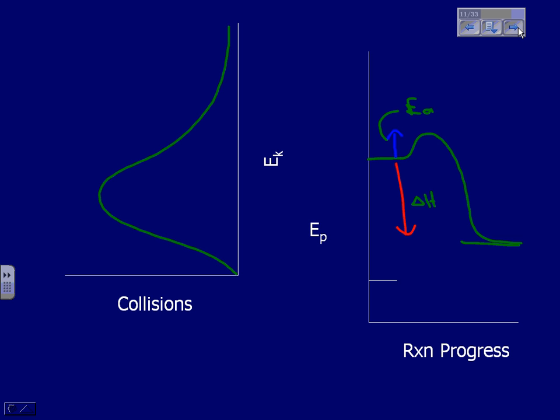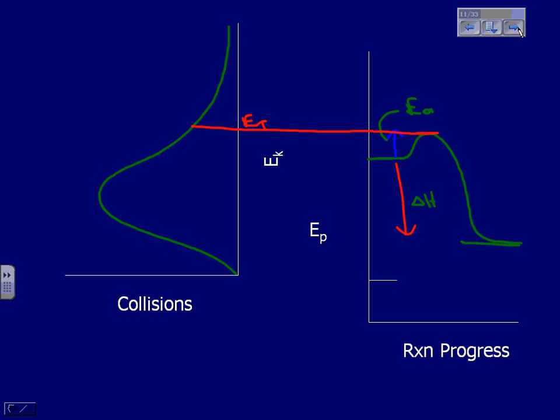Now remember, in order for a successful reaction to take place, I need particles that have the right energy. So you'll notice here, I'm looking at the top of the peak, which is what's needed for a reaction. That's my ET.